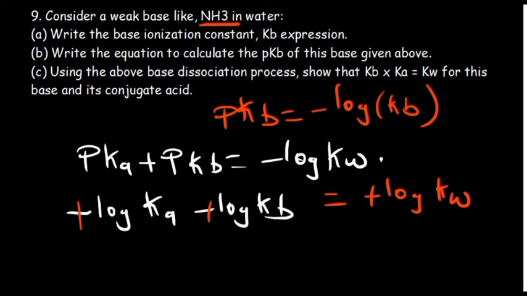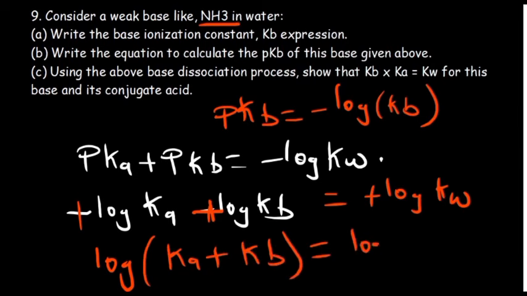Okay, so from the laws of logarithms, we know that when you have an addition sign there, we can factorize the log there. We have log Ka plus log Kb being equal to log Kw on the other side.